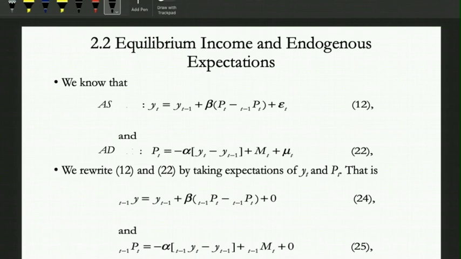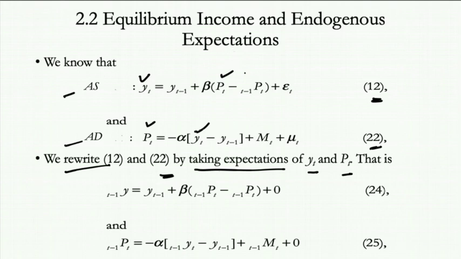Now we want to find equilibrium income using endogenous expectation. From previous slides we have AS from 12, we have AD from 22. Now we want to use 12 and 22 to write AS and AD with endogenous expectations.